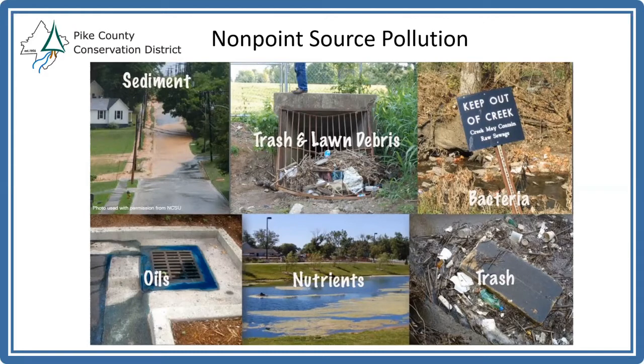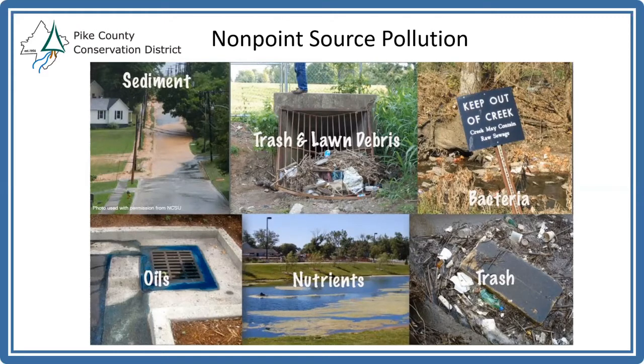So it's very important to be thinking about where the stormwater drain is going if you're going to be pouring something out near a stormwater drain. And then here in the middle bottom picture, you can see because of nutrient buildup, there's a lot of algae on the top of this pond. And then of course we have just more trash, more litter that's collected in a spot where the stormwater has brought it all to one location.